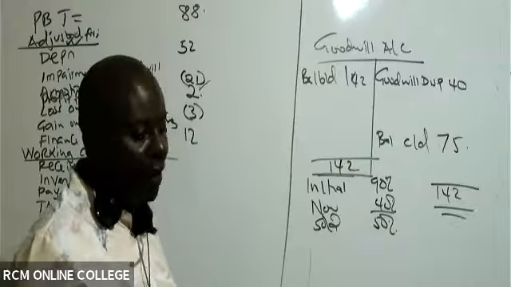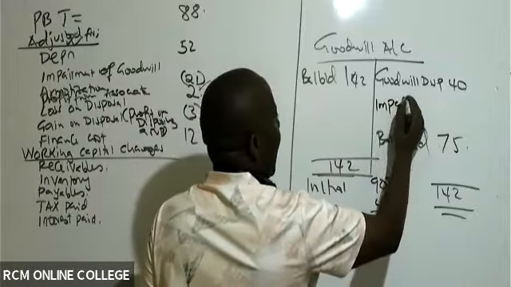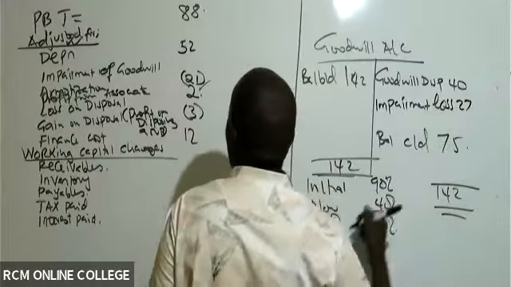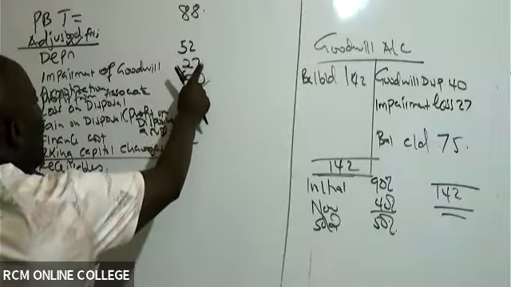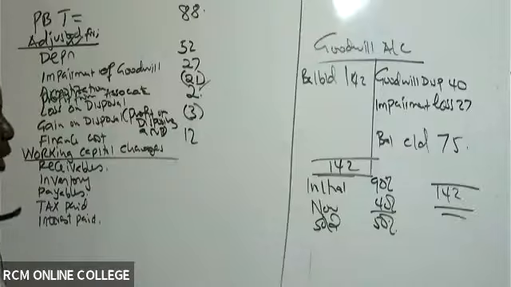They're saying it's 27. So the impairment loss, impairment of goodwill, is 27. Shall it be positive or negative in our statements?